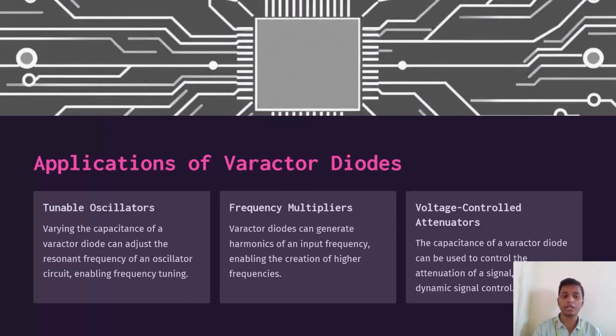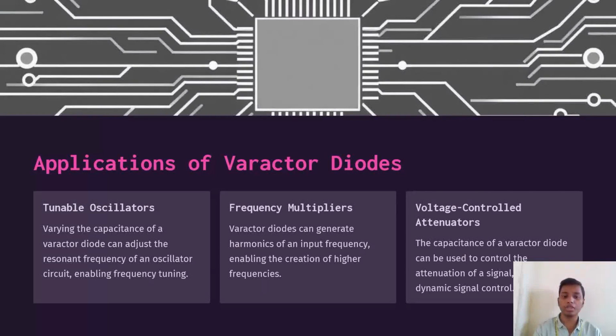Applications of varactor diode. Tunable oscillators. Varying the capacitance of a varactor diode can adjust the resonant frequency of an oscillator circuit, enabling frequency tuning. Frequency multipliers.